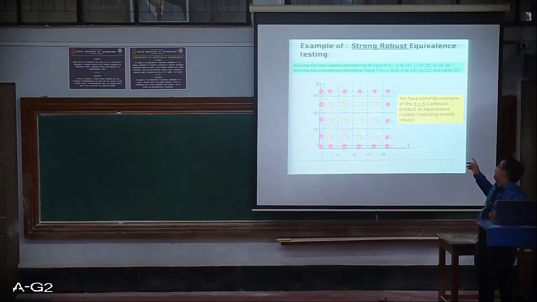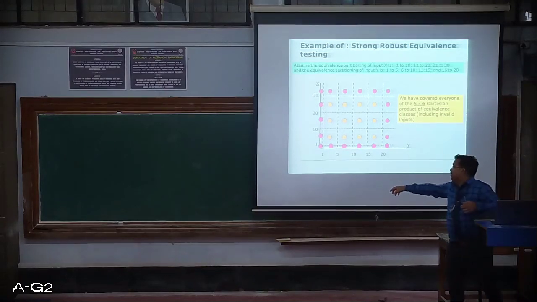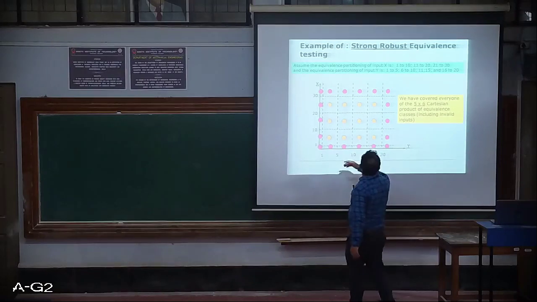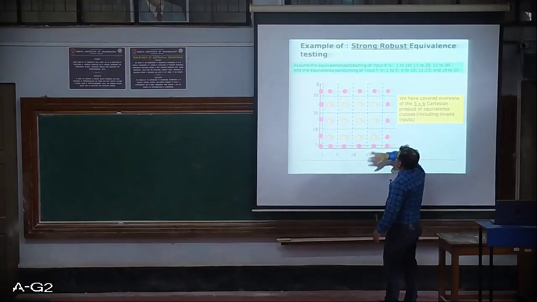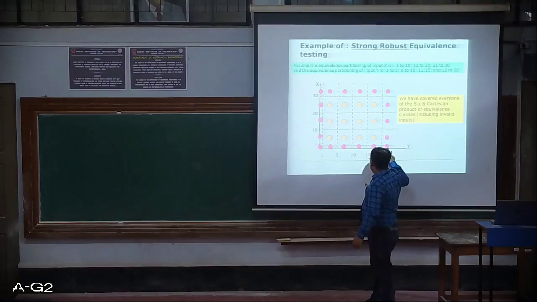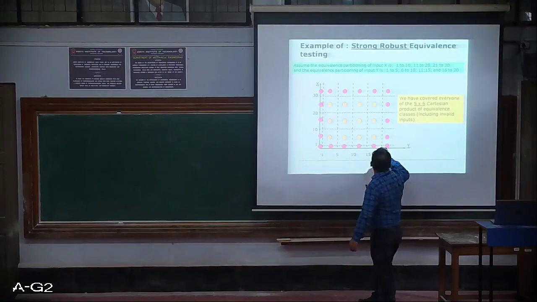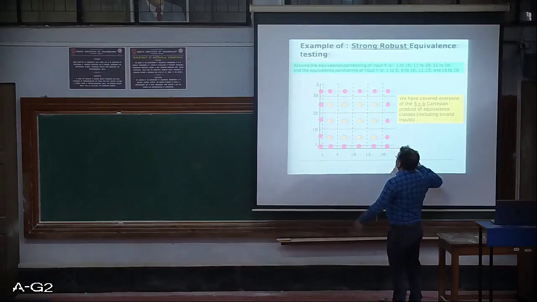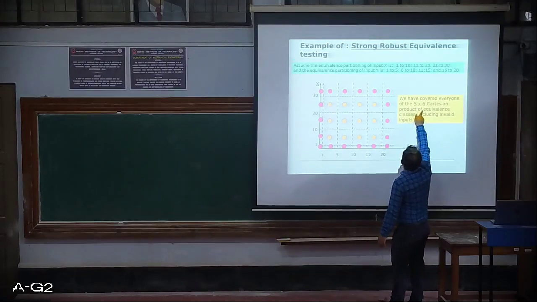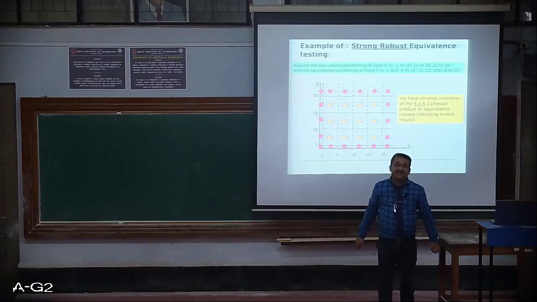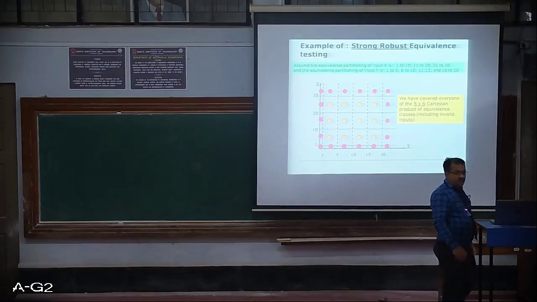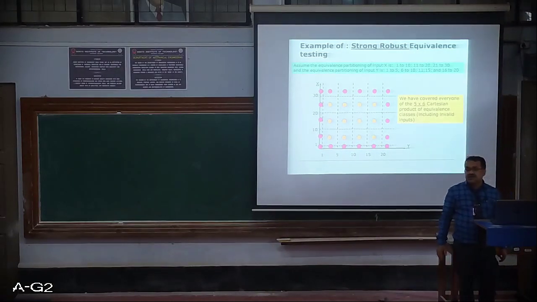Earlier we had three partitions for the X set in the valid range. Now we consider two invalid partitions, so we have a total of 5. Similarly for the Y range, there were 4 valid partitions, and 2 extra now in the invalid range. So we get a total of 5 into 6, 30 test cases.